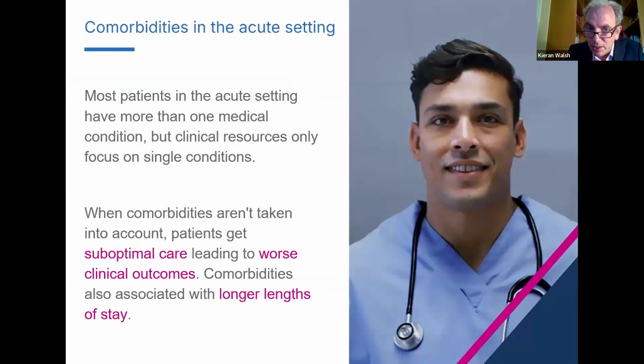Most patients in the acute setting, but also in the chronic setting, have more than one medical condition, and yet clinical resources traditionally focus only on patients with single conditions. When comorbidities are not taken into account, patients get suboptimal care, which can lead to worse clinical outcomes. Comorbidities are also associated with longer lengths of stay in hospital and increased morbidity and mortality.